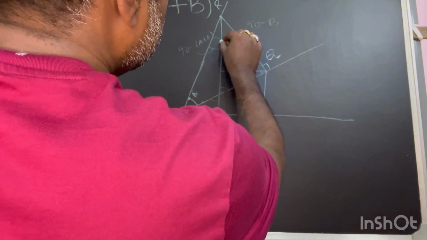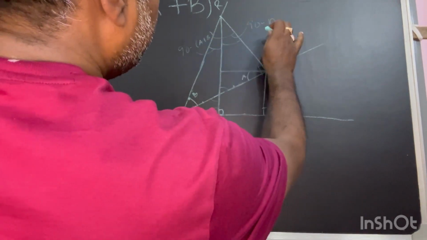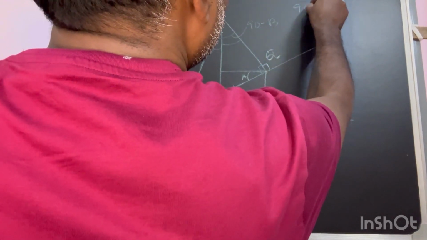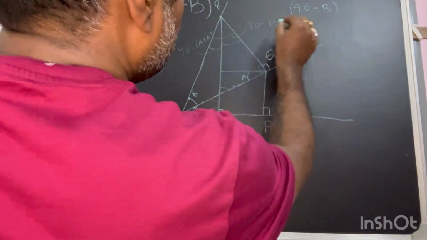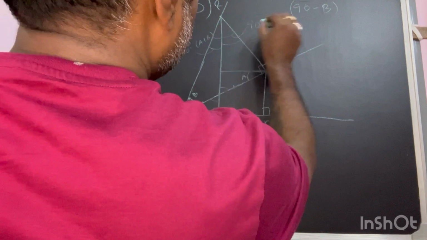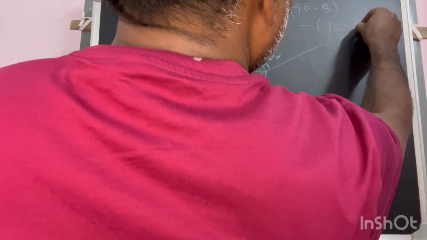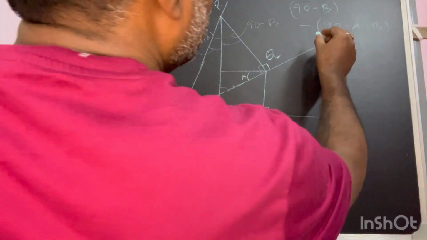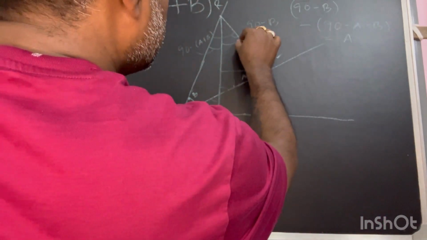So what is this angle then? This is cumulatively 90 minus B. So this angle will be this deducted by 90 minus A minus B. So this will become A. This angle is nothing but A.